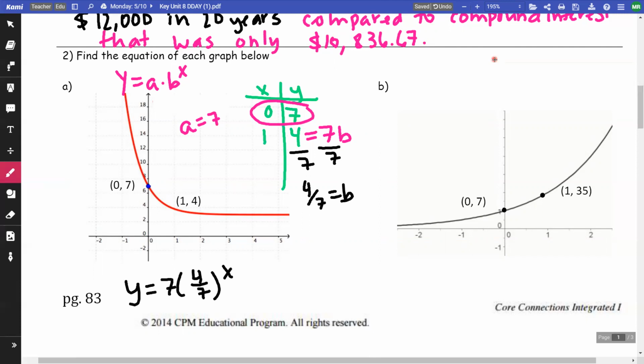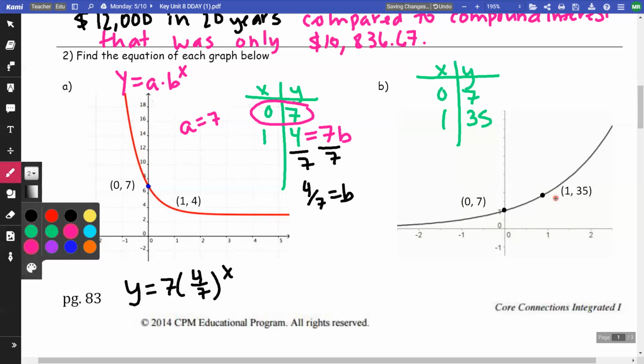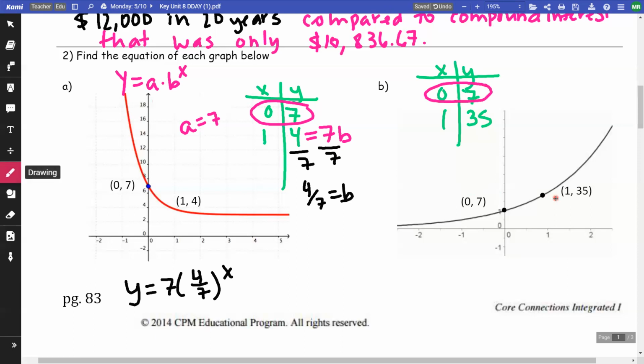Similar idea on the next one. Again, if I was going to make a table for this one, I have x and y. I have this point here is 0, 7. I have this point here is 1, 35. So again, we see that our a is 7.